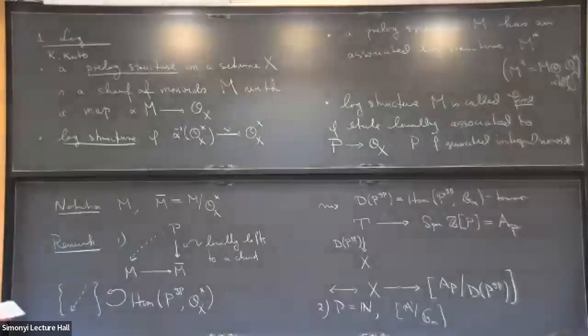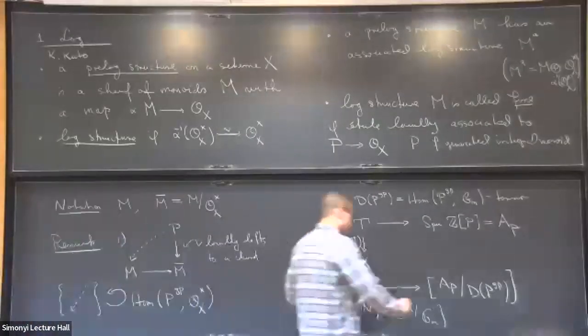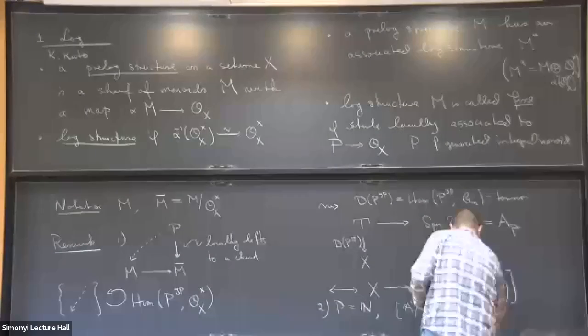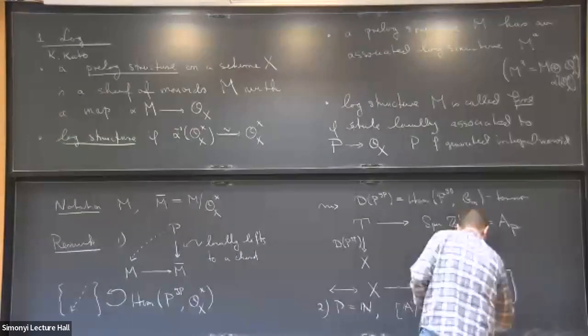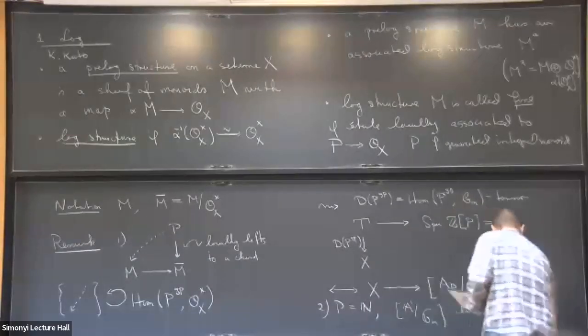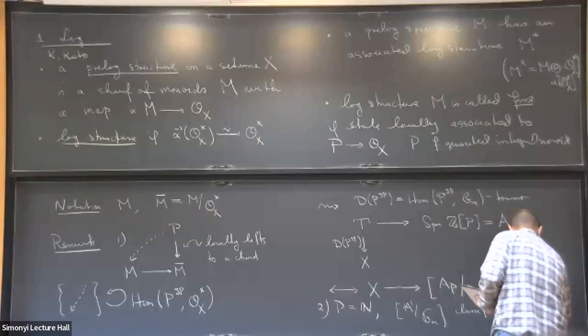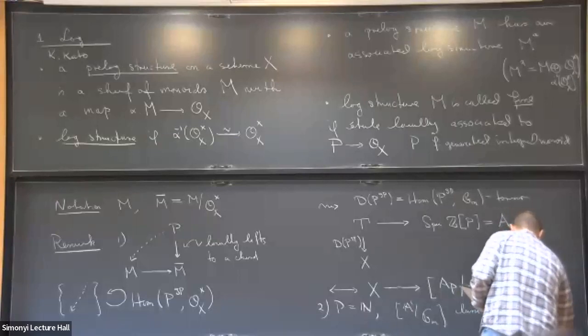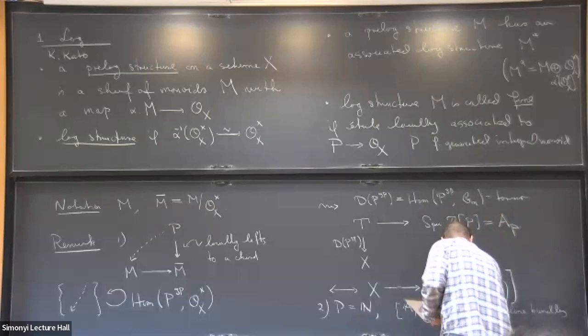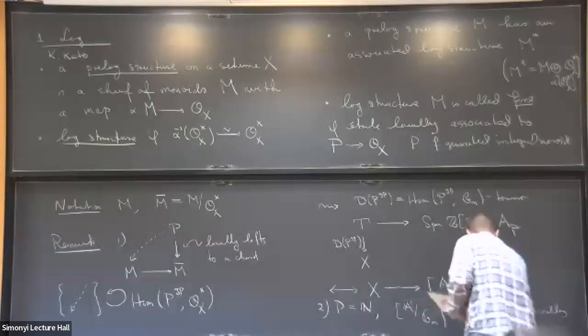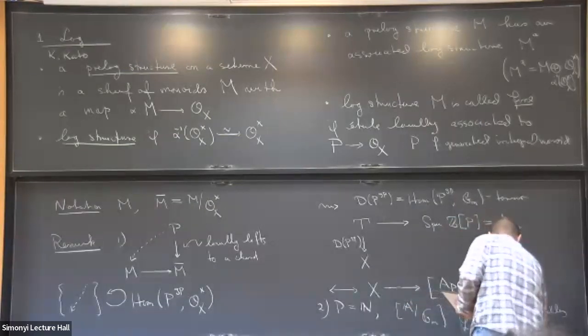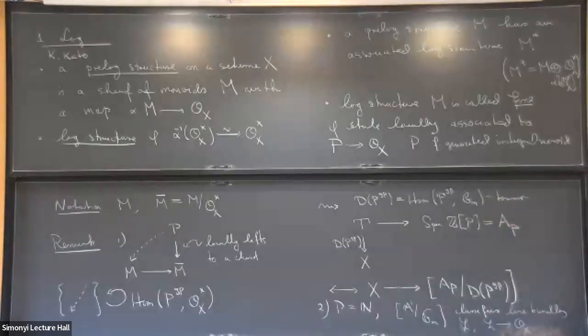You can think of this stack as classifying line bundles L and a map to O_X. So that turns out to be a special example of the log structure.